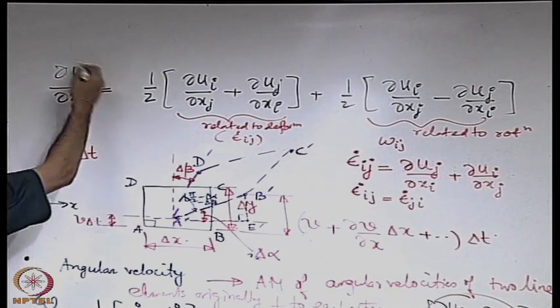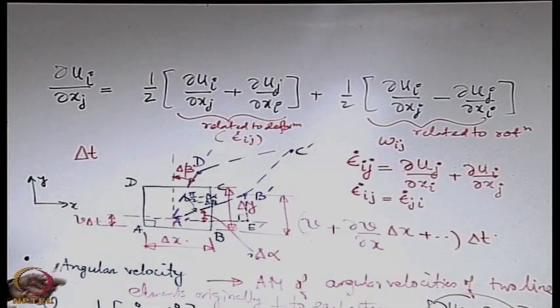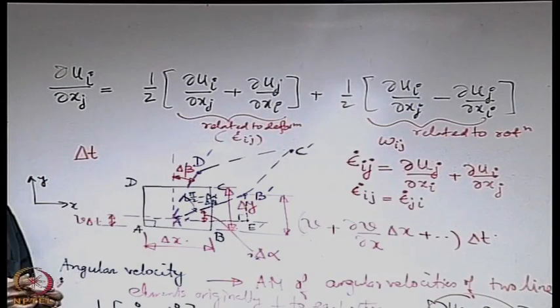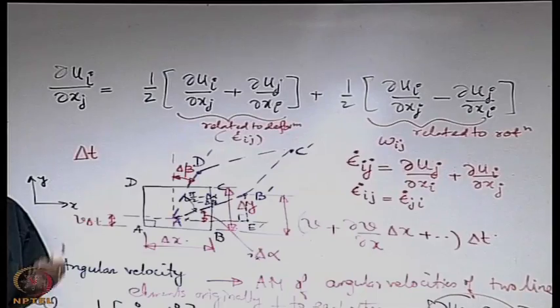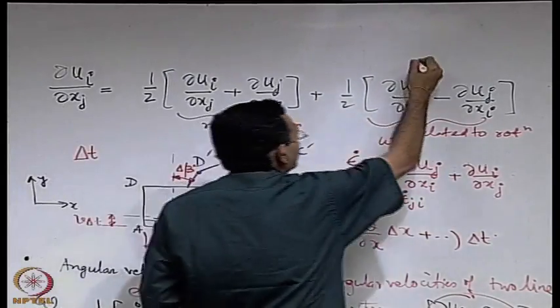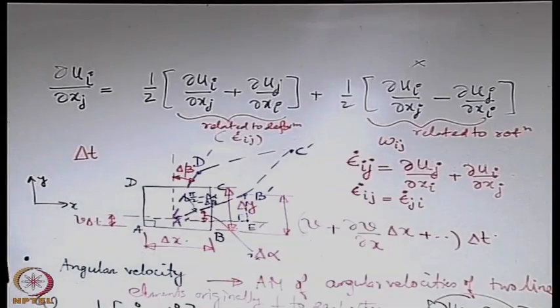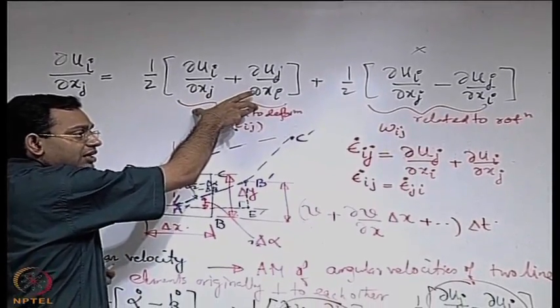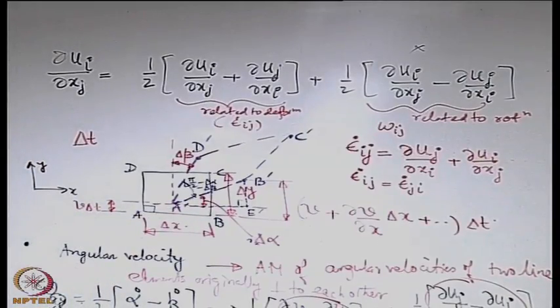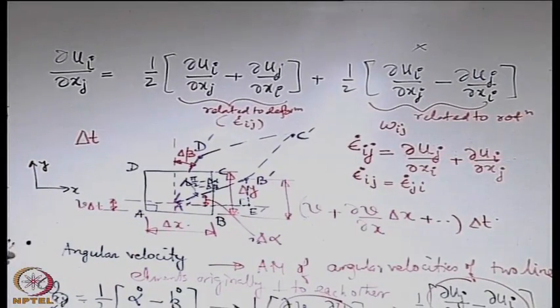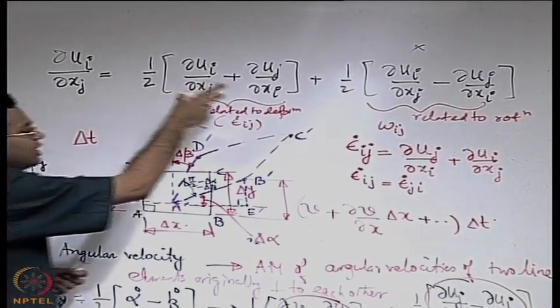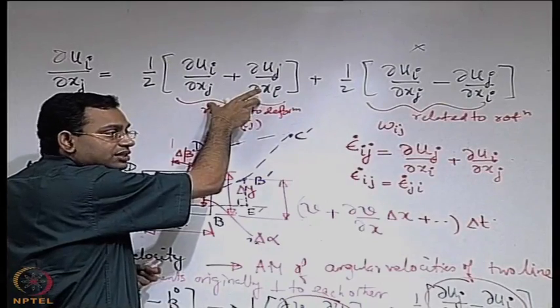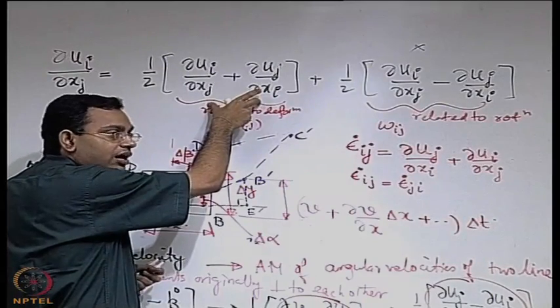So what we can see from here is a very important thing. When we write the general velocity gradient, which should in general be a parameterization of the deformation, clearly one part is not related to deformation. So only this part is related to deformation, and whenever you relate shear stress with the velocity gradient, this part is what is important, because this part is giving rise to angular deformation.